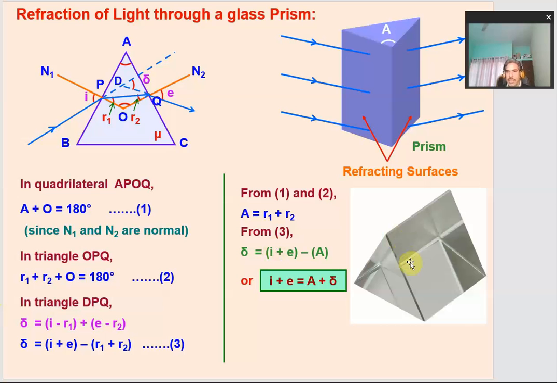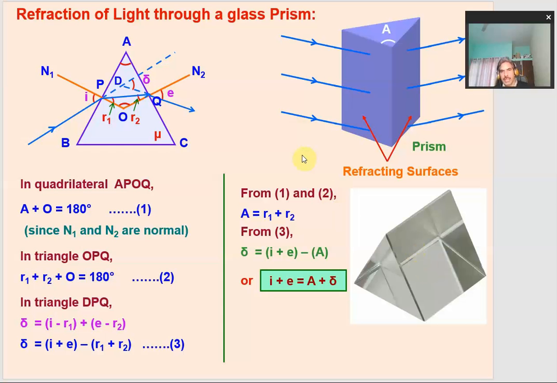In laboratories we have glass prisms or hollow prisms, in which we can fill any transparent liquid for which we are willing to find out the refractive index. Under this topic we will discuss how light rays get refracted whenever they pass through a prism, and there we get a very important result called the prism formula.